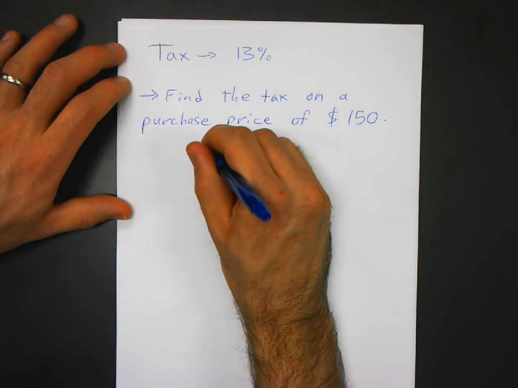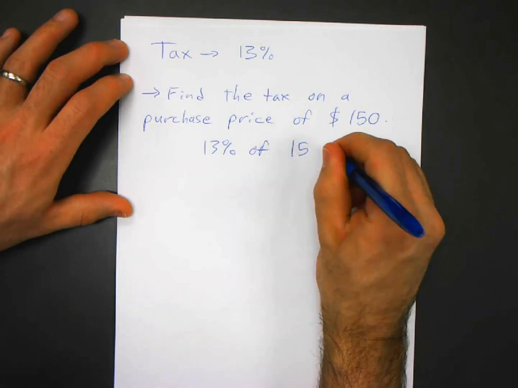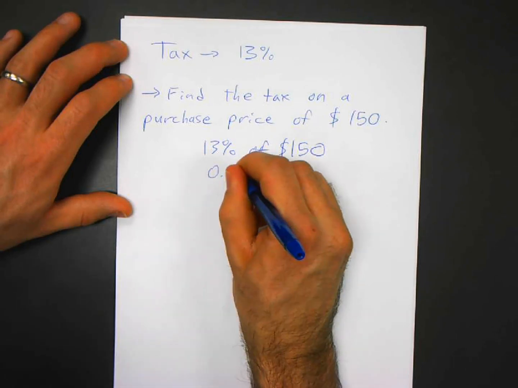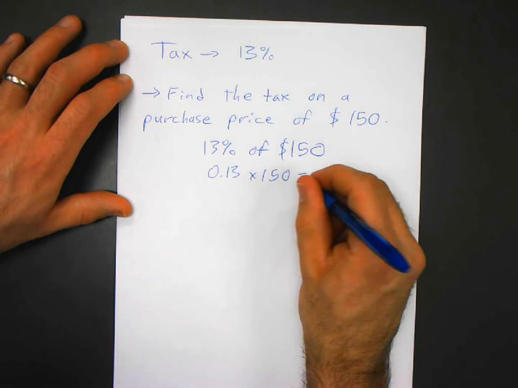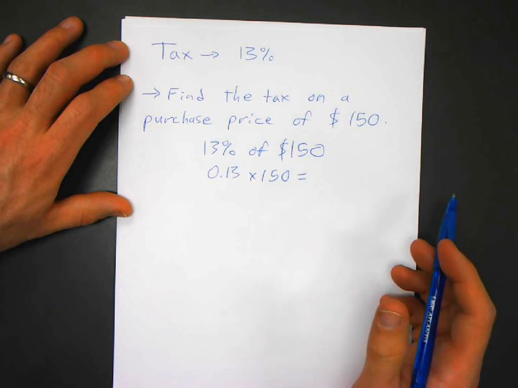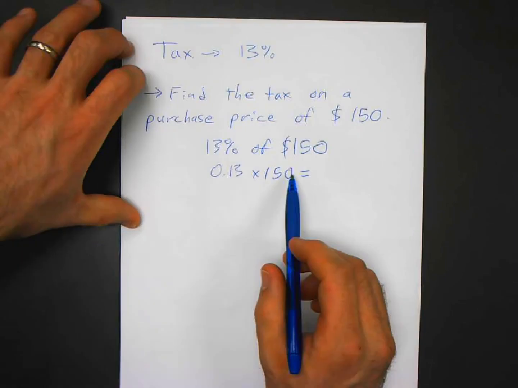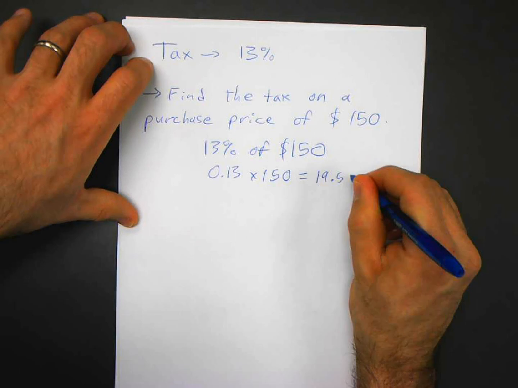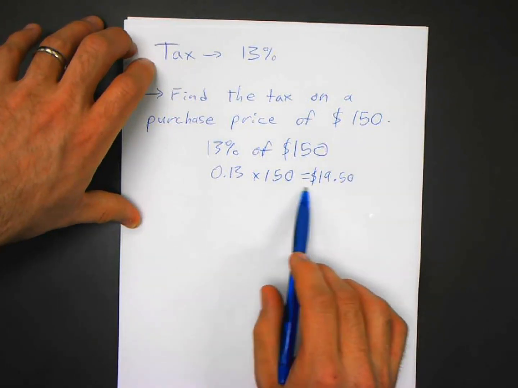So really what we're doing, we're finding 13% of $150. So we go 0.13 times 150. Now, when I do this, I'm going to say, well, that's $13 on the first 100. And then 50 is half of 100, so it would be half of 13 for that 50. So that would be 19.50. Now, by all means, use your calculator, but I like to have methods of just estimating things. So we got $19.50 in tax.